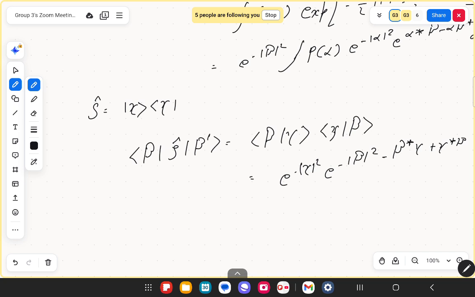And from previously P(alpha), which we know has e to the power alpha square.